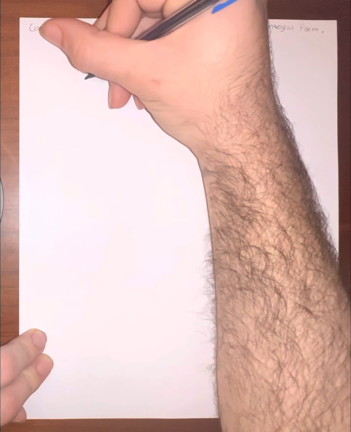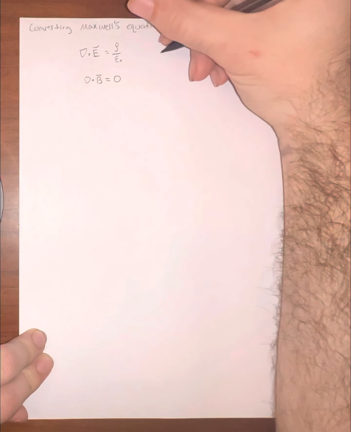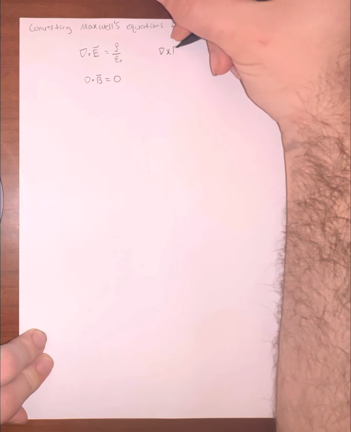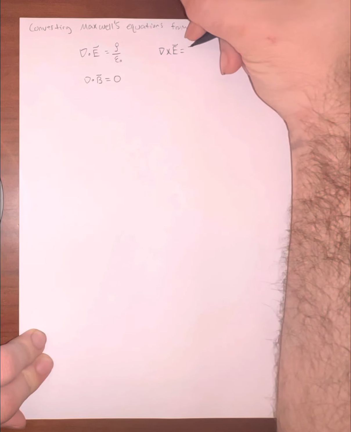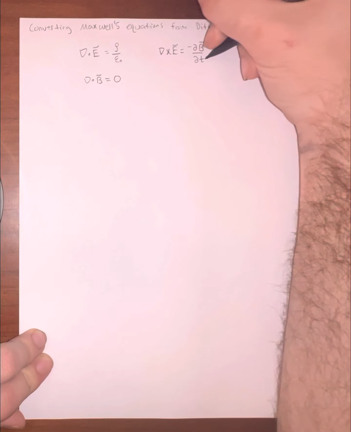And for the magnetic field, we have the no monopole equation, which says that the magnetic field has no divergence. Now, Faraday's law, the curl of the electric field is a changing magnetic field.